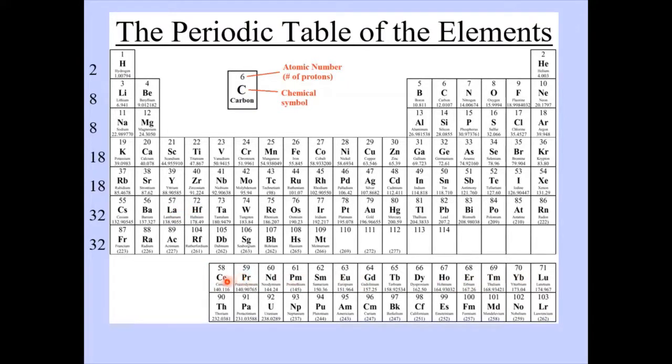So here's 58, 59, 60, all the way to 71, and then we go back up here to hafnium 72, tantalum 73, tungsten 74, and the same thing for this last row here. Technically there could be 32, but we go from 87, 88, 89, here's 90 down here, 91, 92, going up to 103, and then we jump back here.